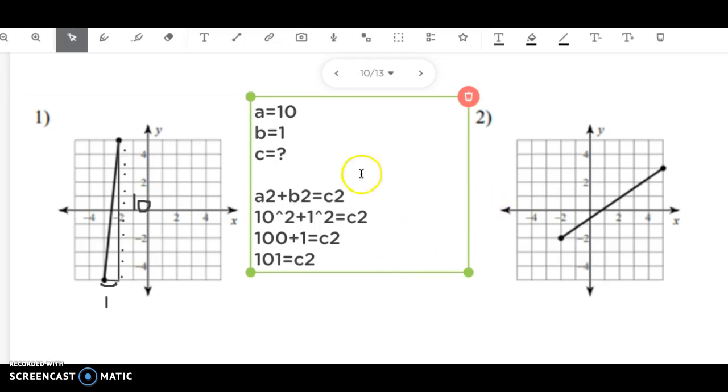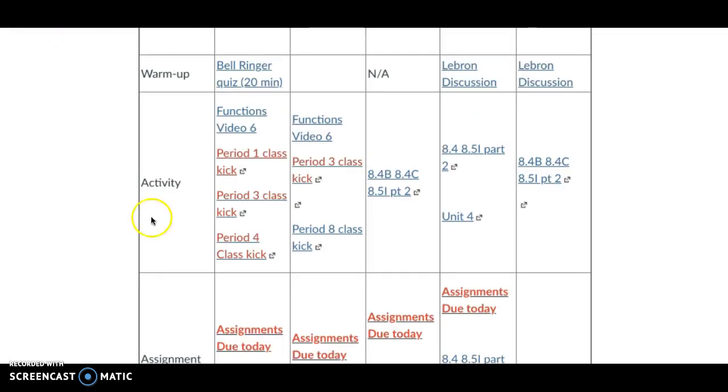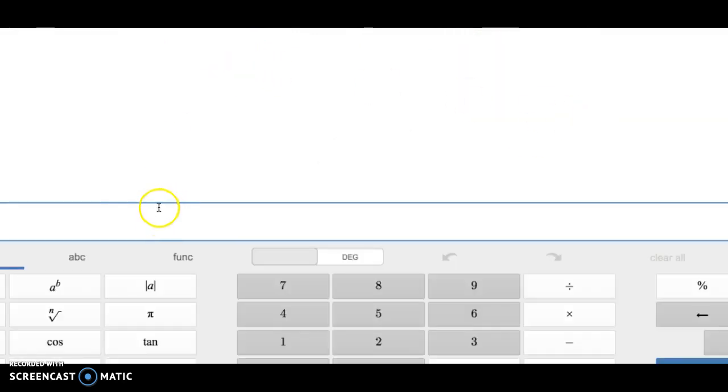Now here's the final part, and we're going to take the square root of C squared and the square root of 101. Okay, that cancels out, and I'm actually going to use my online calculator to do the square root of 101, and the answer is 10.5.